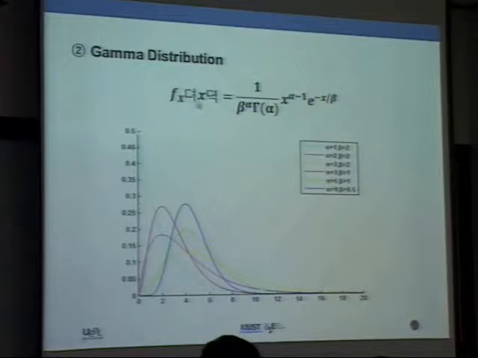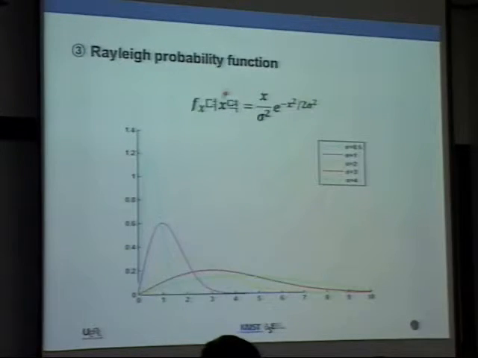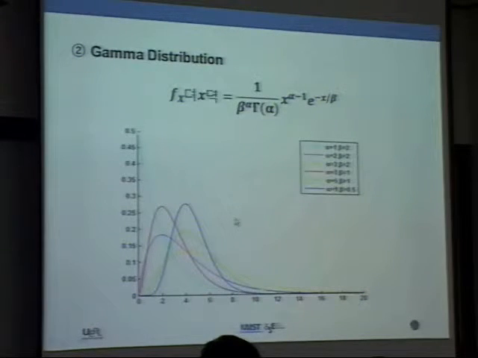The second one is the gamma distribution. The function of it is like this. In the graph, it also has many kinds of shapes depending on the parameters. Alpha is related to kurtosis, and beta is related to skewness.